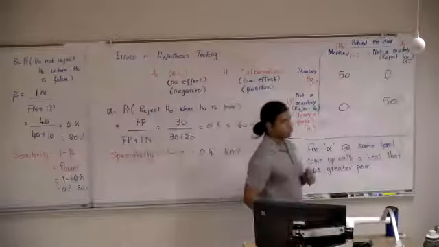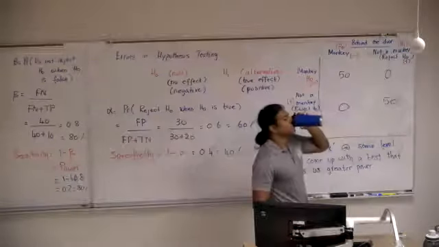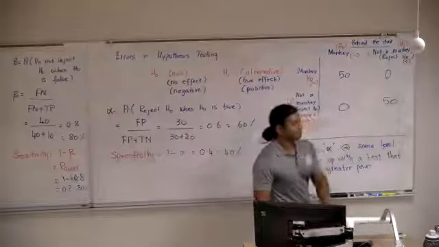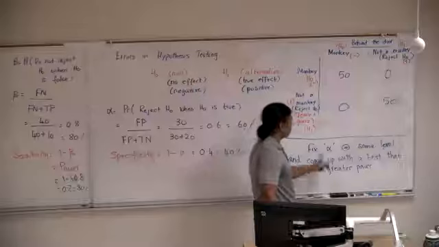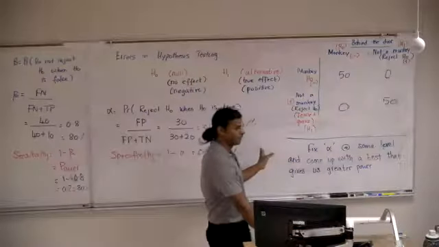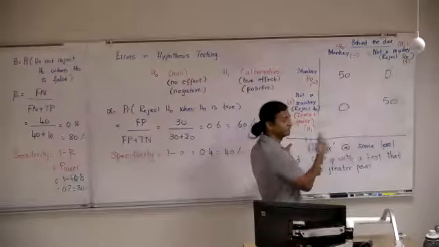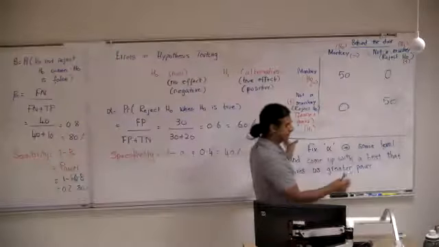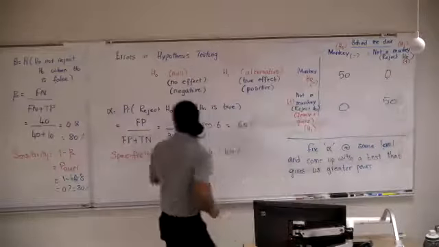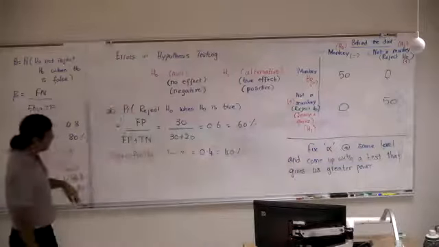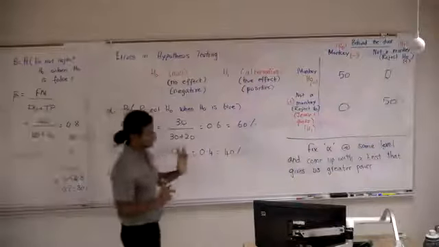Yes. So when we decrease alpha, we increase beta, don't we? And that would decrease power, wouldn't it? If we increase alpha, then we would easily reject the null when you shouldn't be rejecting the null, right? So when this goes up, that probably is going to go down, but it may not necessarily increase the power of the test.